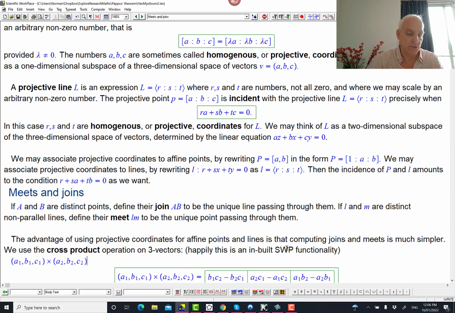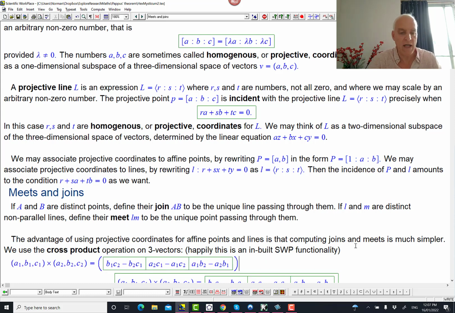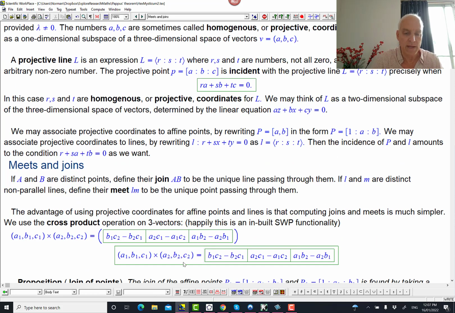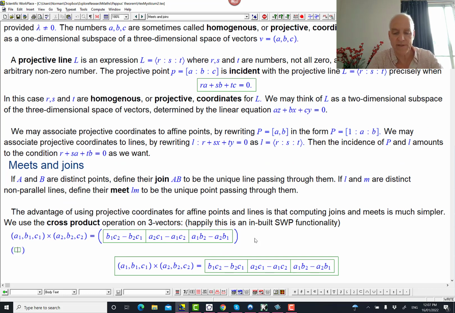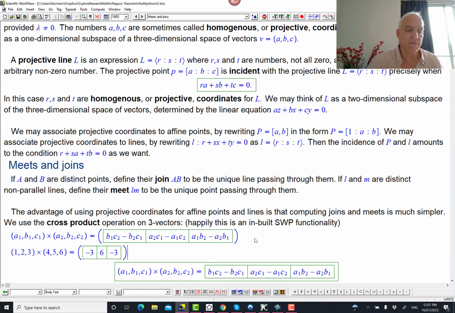So if we have 2 vectors like this, and I just press evaluate, then you see that we're getting this cross product. If I want to be more specific, let's say (1, 2, 3) cross (4, 5, 6). What's that? That's the vector (-3, 6, -3). So we're using a little bit of 3D geometry here to help us with this affine geometry in 2 dimensions.